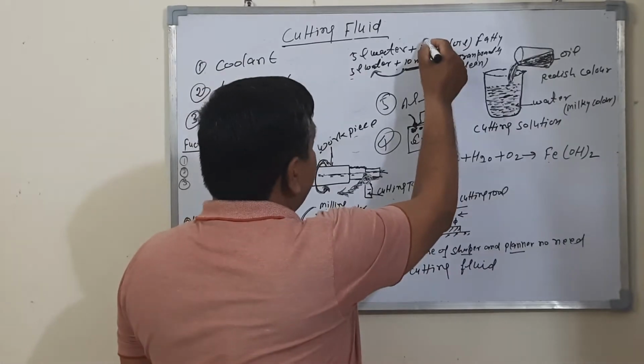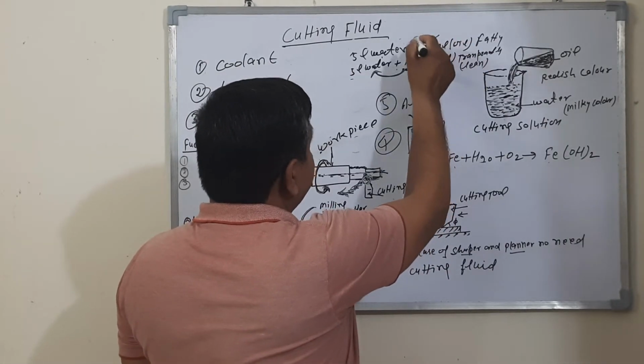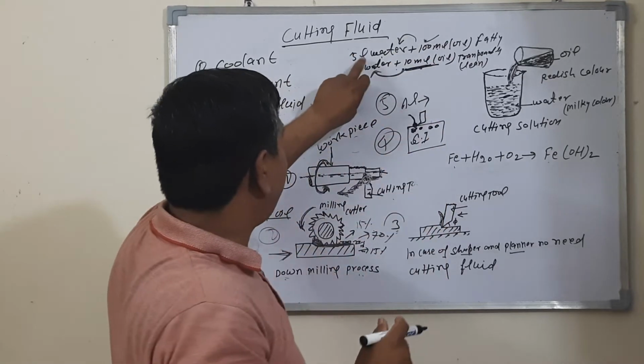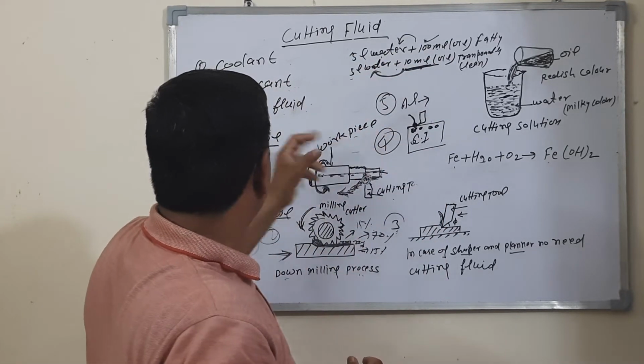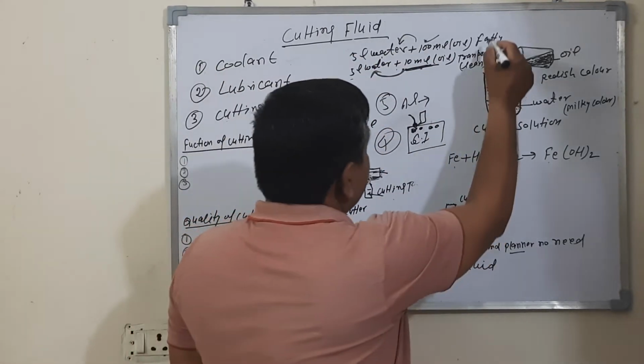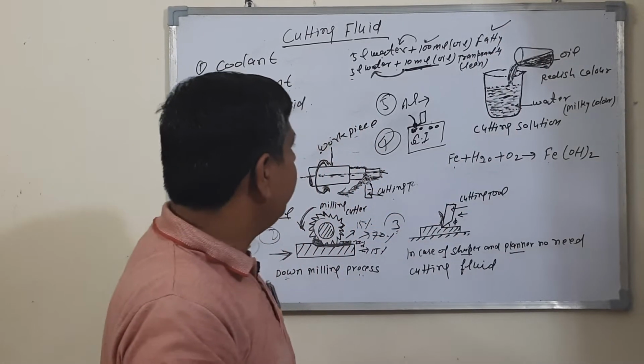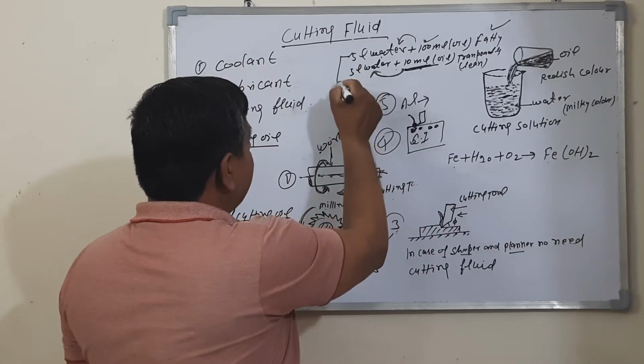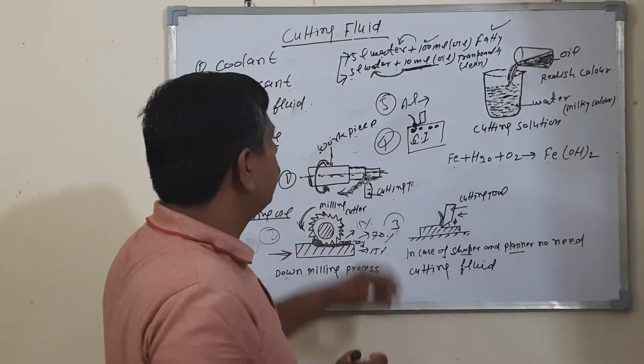When 100 ml of oil is added to 5 liters of water, it is called a fatty solution. What is the difference between these two solutions?